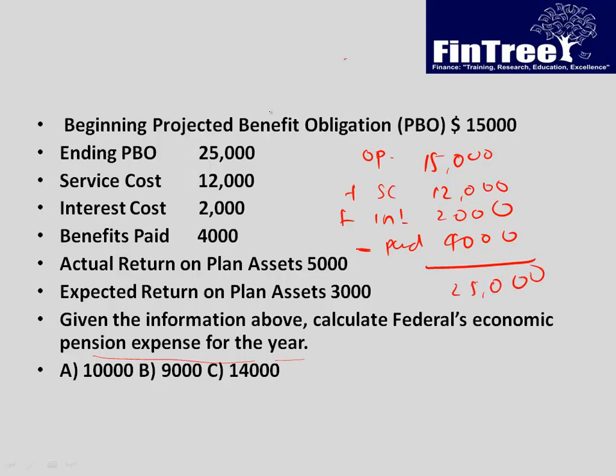So ending PBO is given as 25,000. That means there is no past service cost here. So then what is my economic expense? My economic expense would be 12 plus 2 minus 5. So 14 minus 5, the answer is 9.